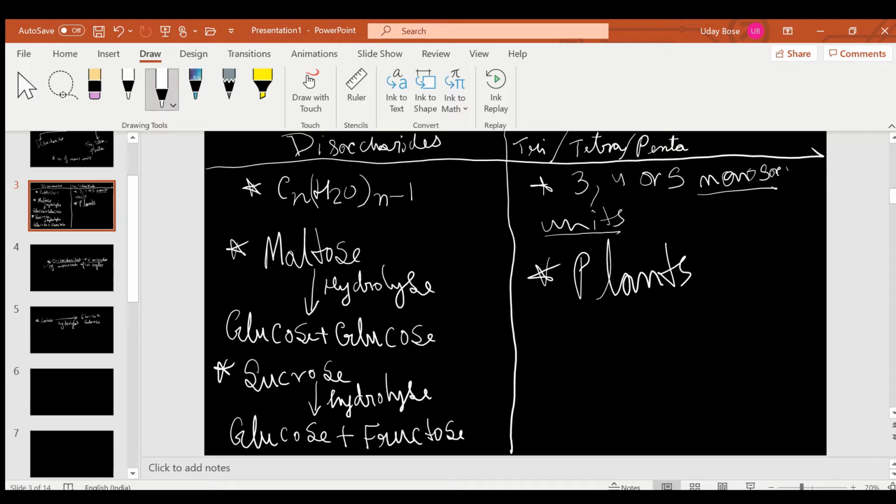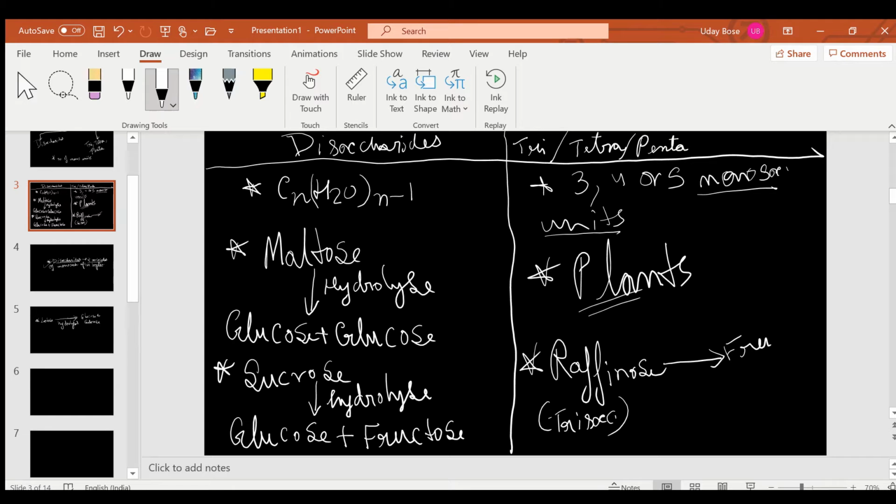These oligosaccharides are very prominent in plants, and some examples are raffinose, which is a trisaccharide and is hydrolyzed into fructose, galactose and glucose.